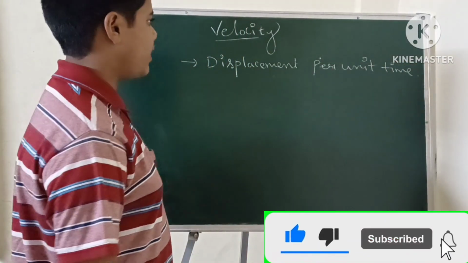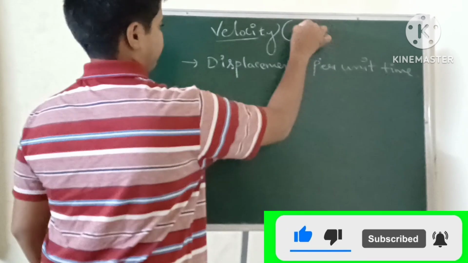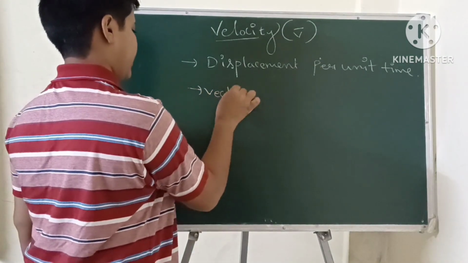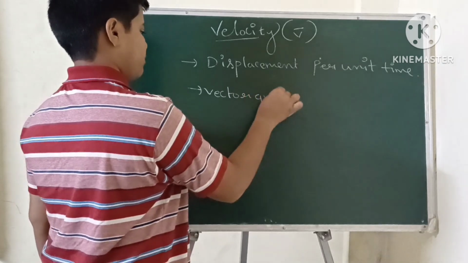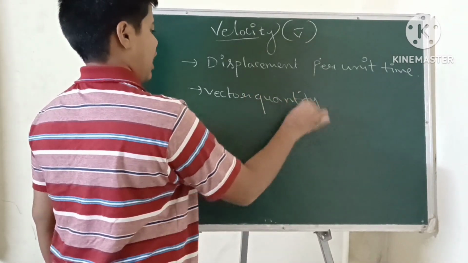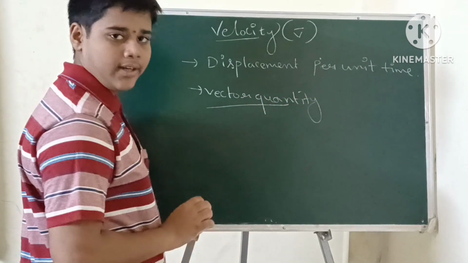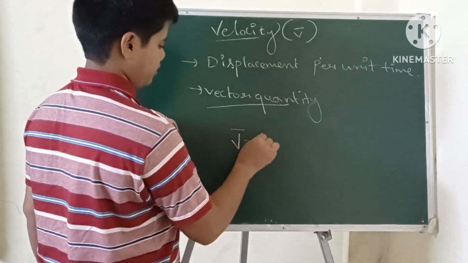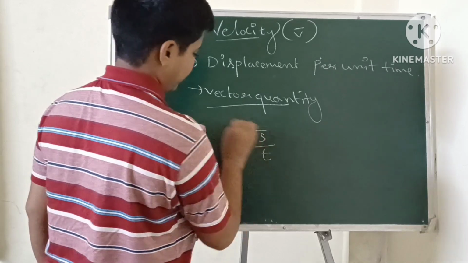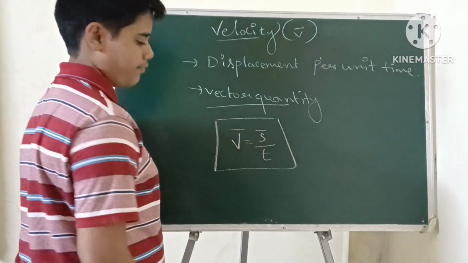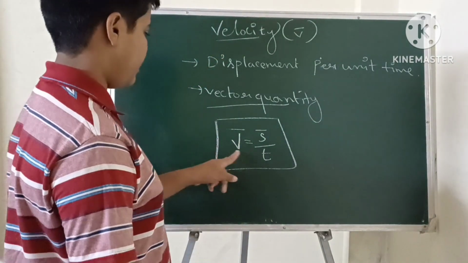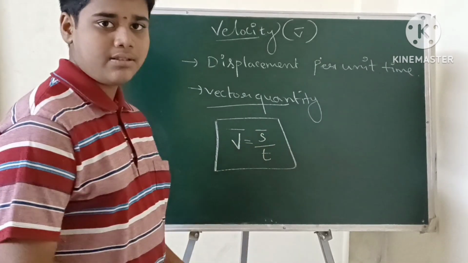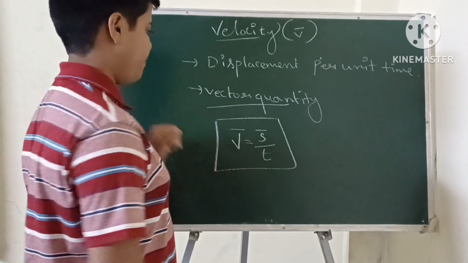Displacement per unit time means velocity, v bar, because it is a vector quantity. How it is a vector quantity: velocity equals displacement by time. Displacement is a vector. Vector by time means vector by scalar means vector only.